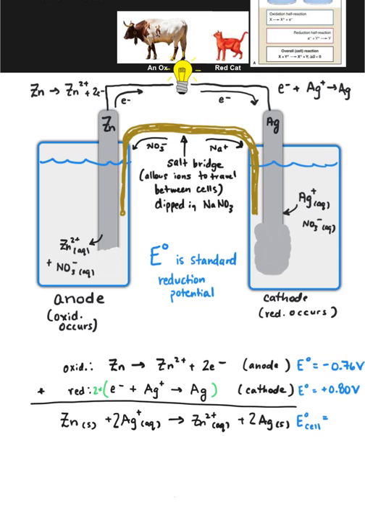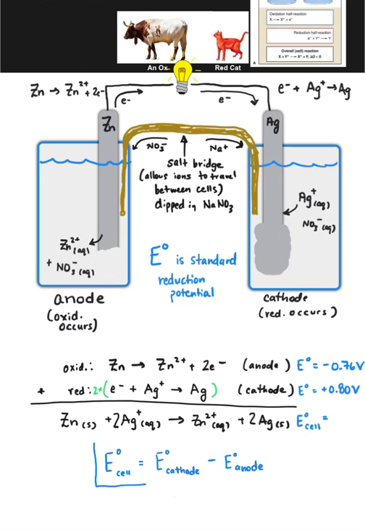The overall voltage of our cell potential comes from taking into account how well the cathode reduces versus how well the anode oxidizes. E cell will always be written as the standard reduction potential associated with our cathode minus the standard reduction potential associated with our anode.